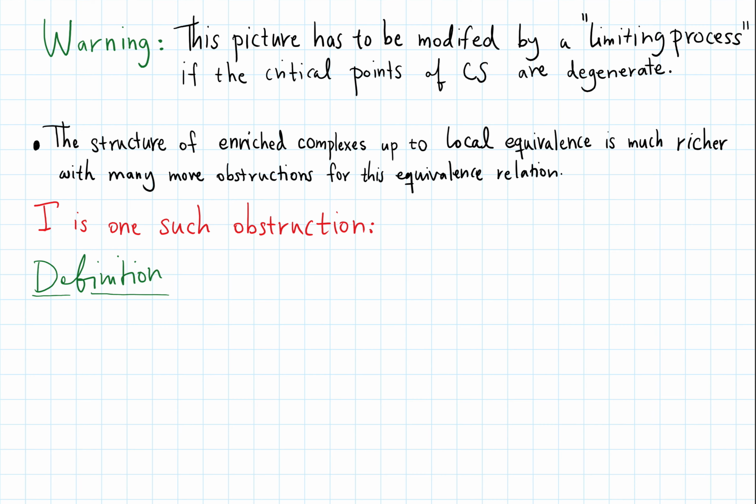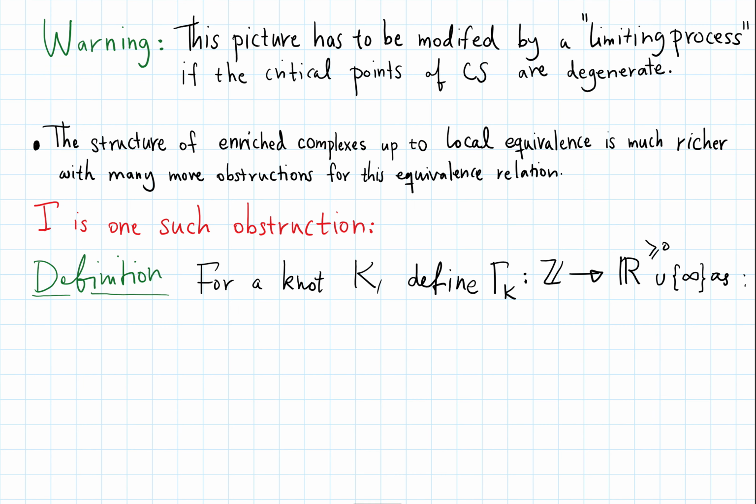So next I'm going to give the definition of gamma. This can be defined for a general enriched complex, but here I'm just going to define it for a knot. So it's a function defined on integers. Like the definition of h, we have to divide it into two different cases.